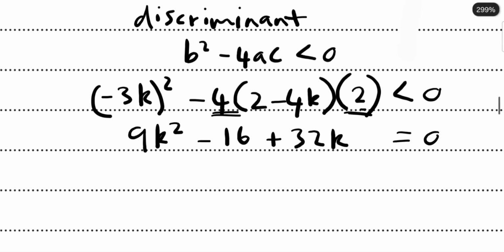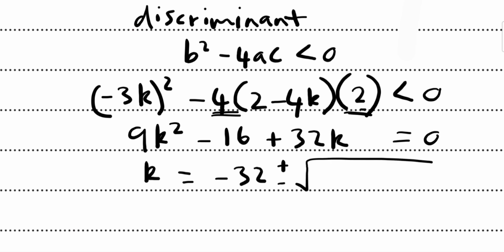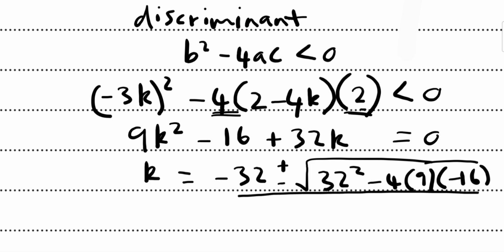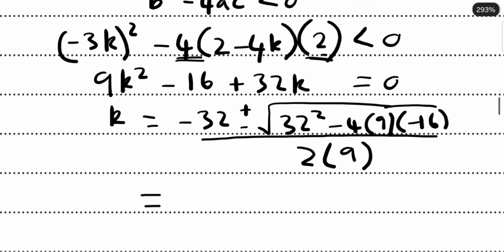Then using our quadratic formula, k will be minus 32 plus or minus root of 32 squared minus 4, our a, 9, and our c, minus 16, all over 2a, 2 times 9.